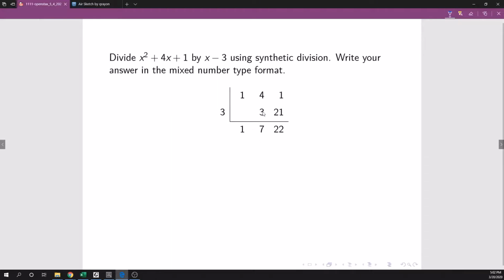There's what I had. The next thing about polynomial long division is, how do I write my answer in the mixed number format? So what you're going to do is this last number right here is always the remainder.